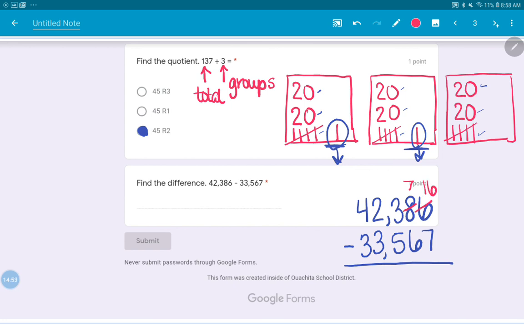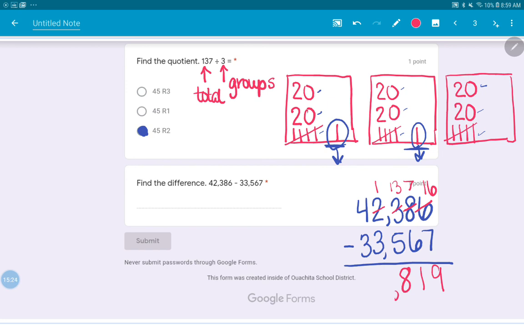Okay. 16 minus 7, 9. Okay. Now what? Now 7. Okay. And you can't do 3 minus 5, so take 1 from the 2 in the thousands place, and then you have 13, and 13 minus 5 is 8. Okay.